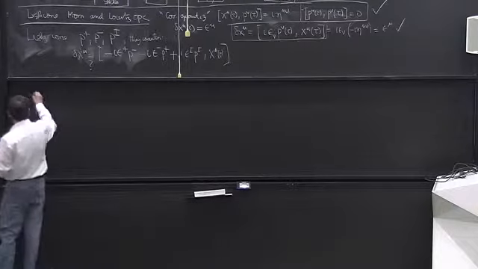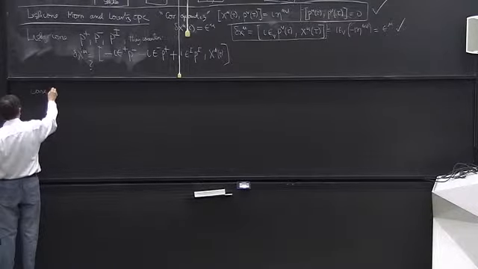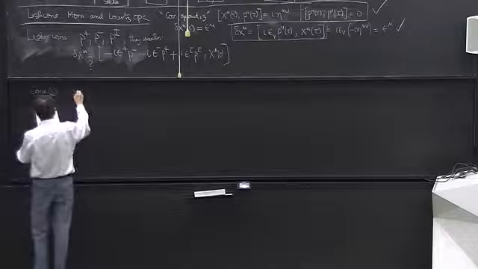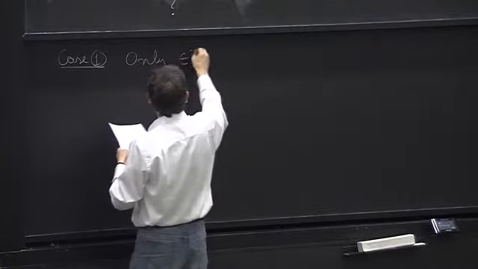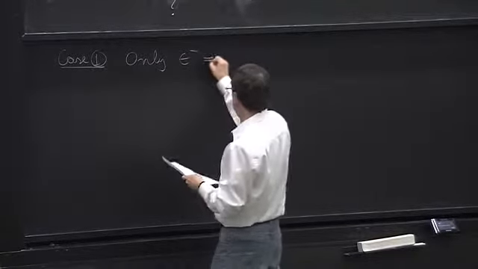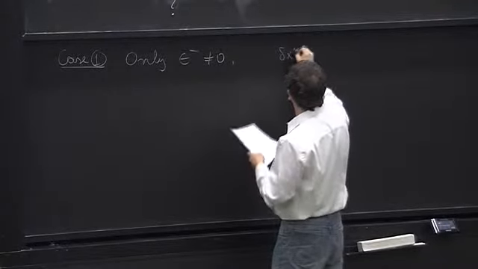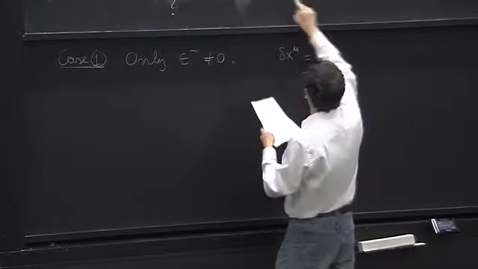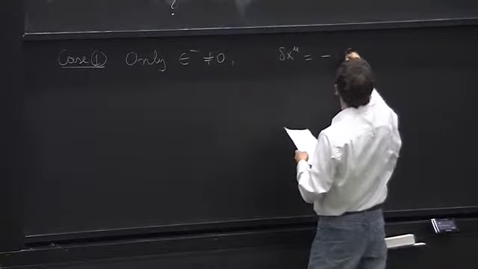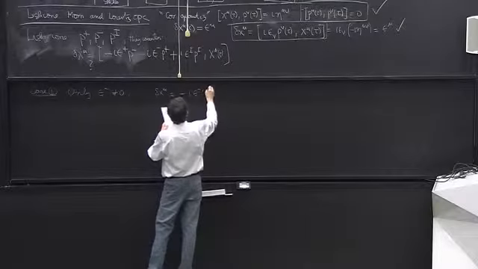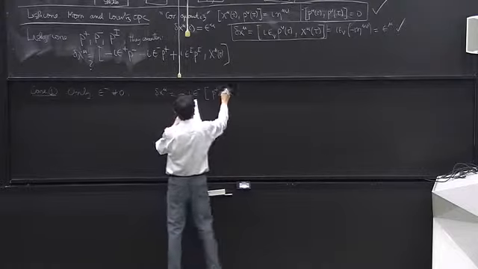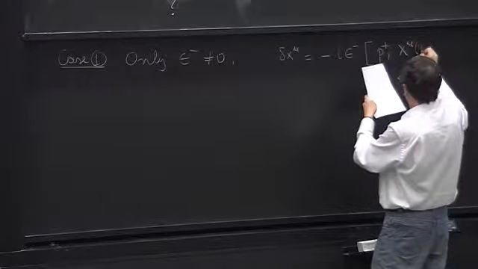Case one: there's only an epsilon minus that is different from 0. Then delta x^mu should be given as minus i epsilon minus [p plus, x^mu(tau)] commutator.